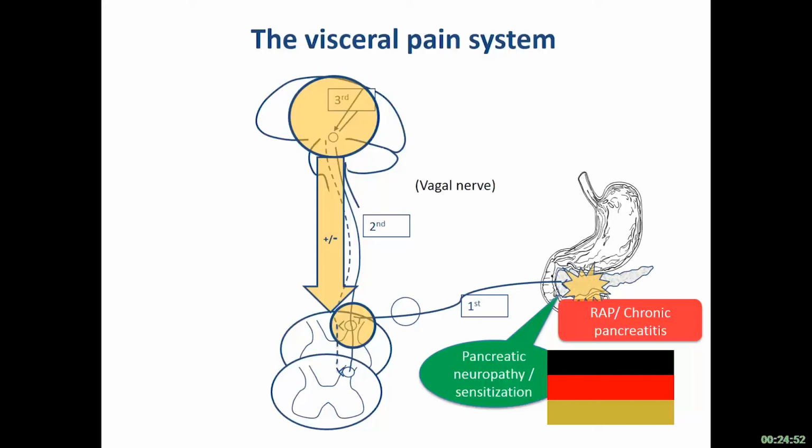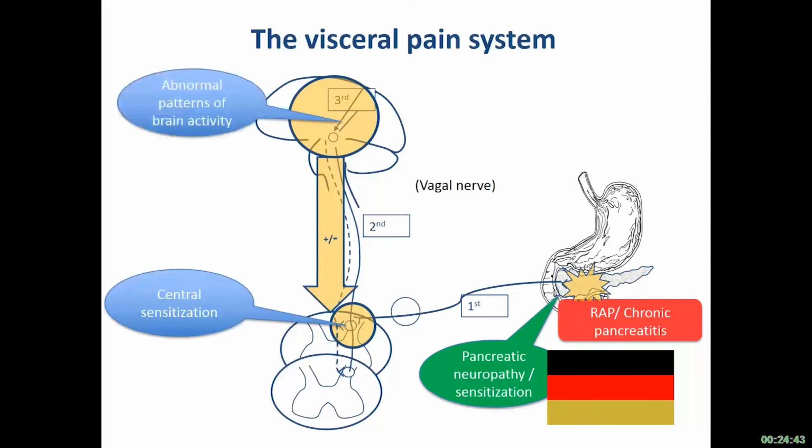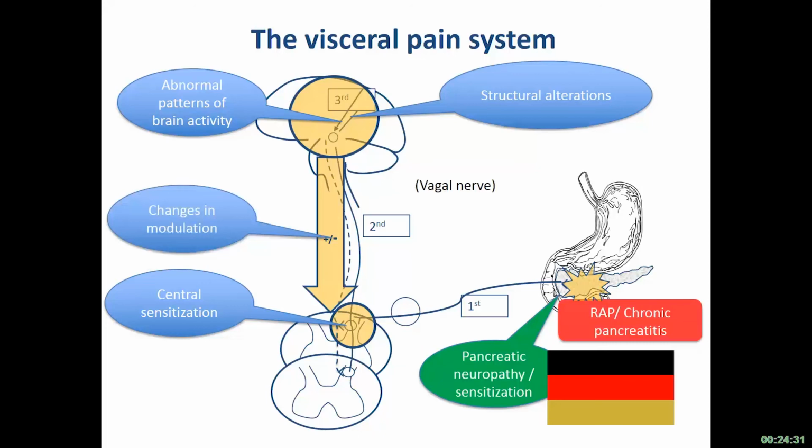But this again may lead to changes in the central pain pathways, where we see different changes at the spinal level, classical central sensitization, and at the supraspinal level, where we see patterns of abnormal brain activities. This may even change the structure of the brain, so we have structural alterations, and finally also change the way that the brainstem and brain modulates pain on the spinal level again. So we have a lot of different manifestations in the central nervous system.